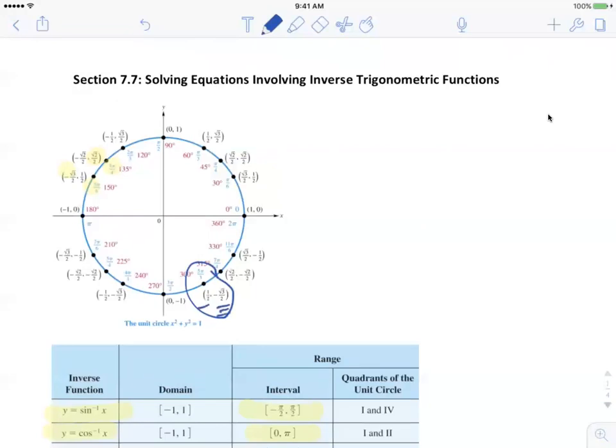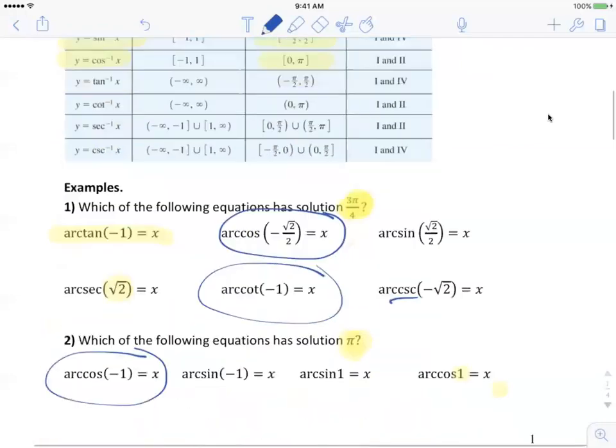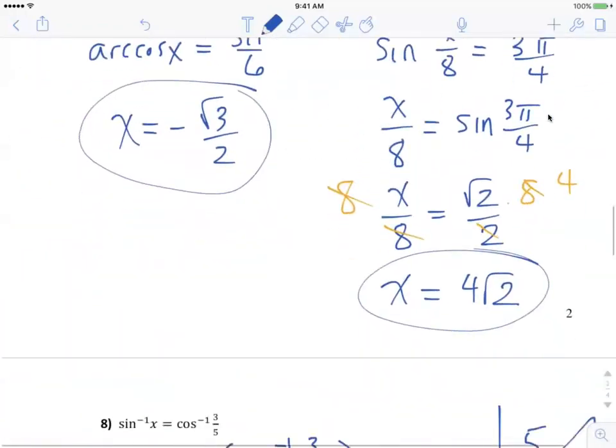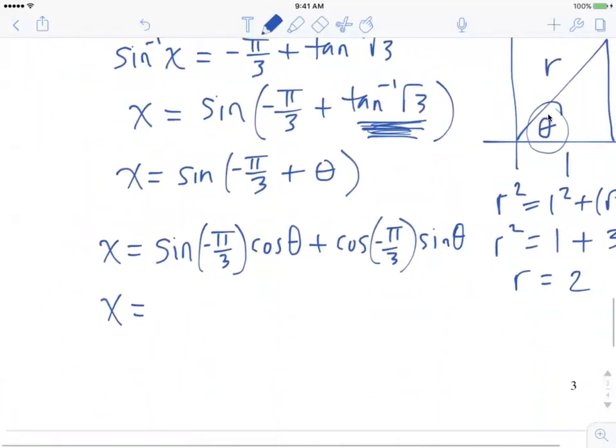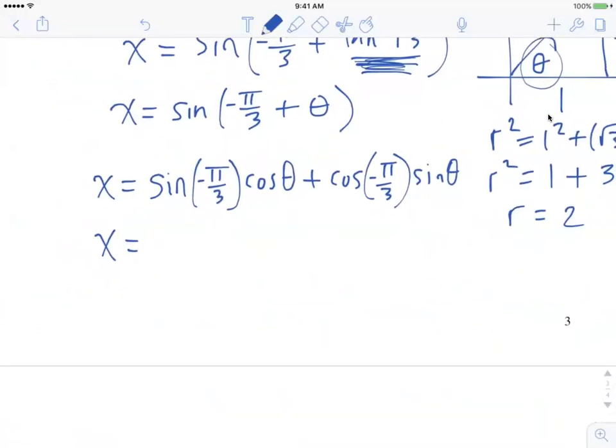The cosine is 1/2. So sine of negative pi over 3 is negative root 3 over 2. And we got that.